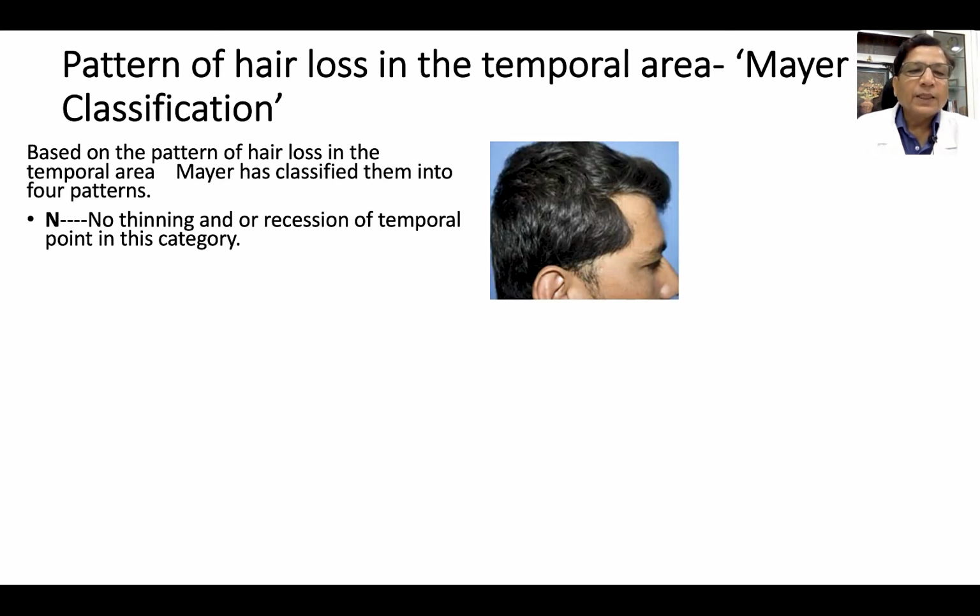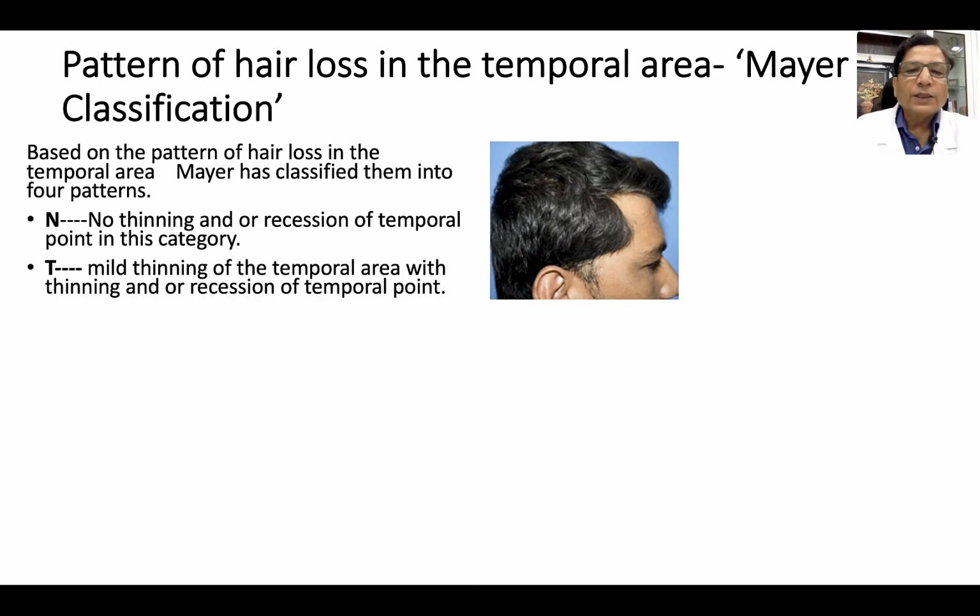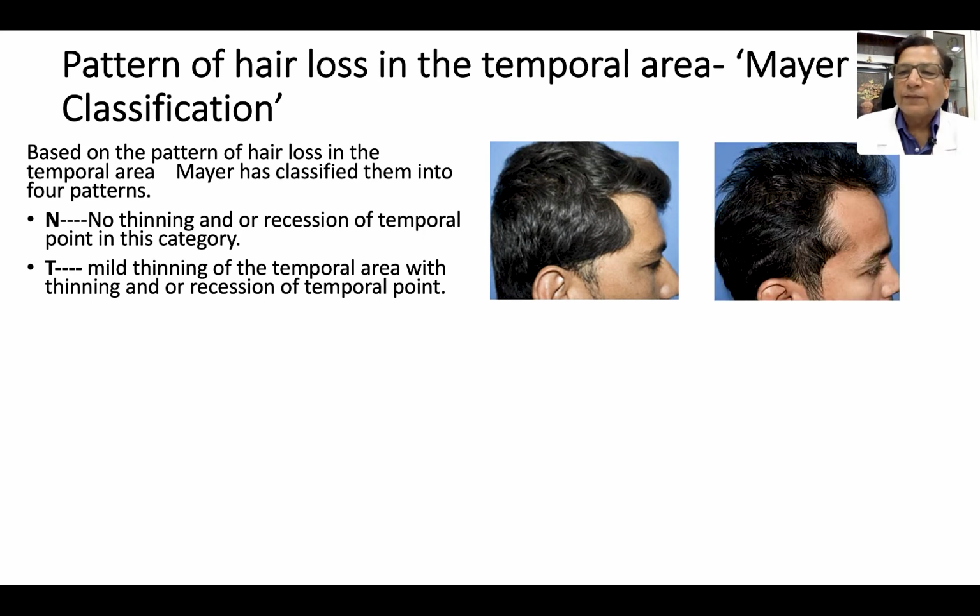Second is the thinning, T, mild thinning of the temporal area with thinning or recession of the temporal point. Here you can see there is a thinning and there is a slight recession. There may not be recession even, but the thinning is there, while you can see there is no thinning. So this is normal, and this falls in classification T or the T category.